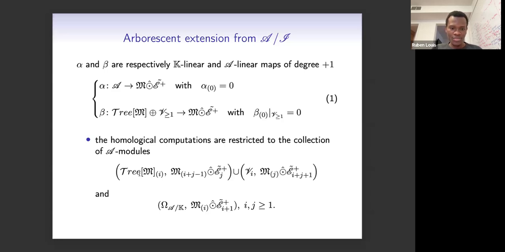We need to only construct maps between trace I and this module here, M E plus. I put this hat over this O dot to say we're really doing this product in the completed symmetric algebra.